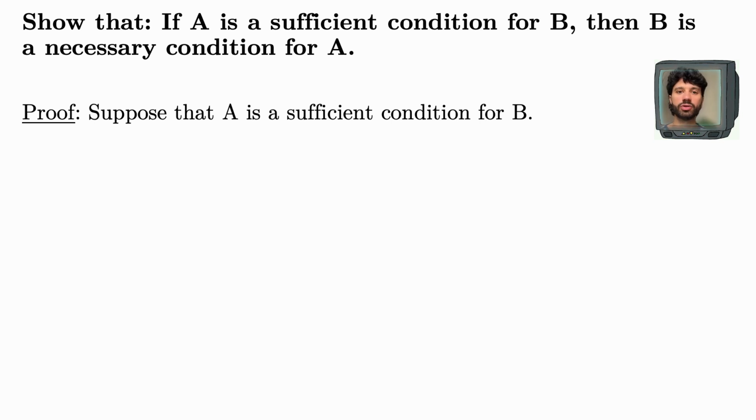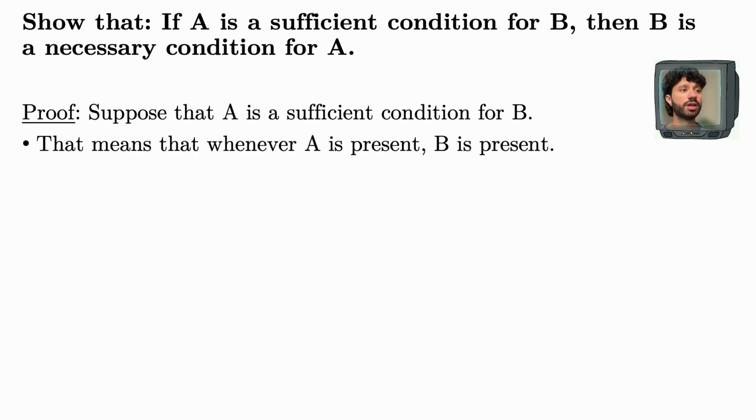Now think of using the definitions. What does it mean for A to be a sufficient condition for B? That means that whenever A is present, then B is present. Okay, so we seem kind of stuck here.